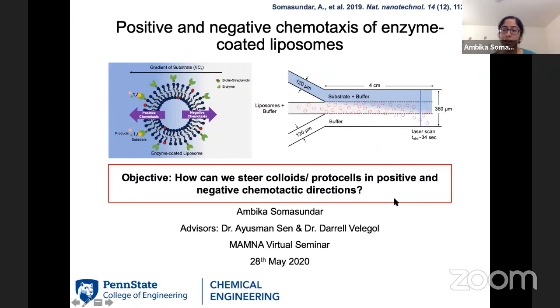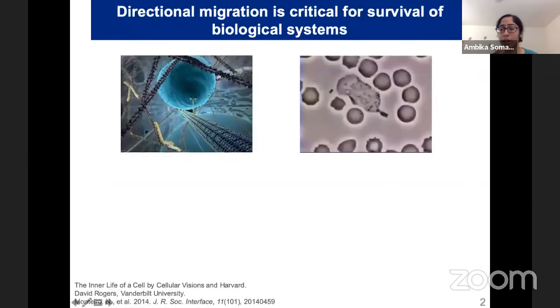But why do we care so much about directional migration? The ability to move towards or away from specific chemical signals is crucial for the survival of biological systems. Directional migration enables cells to move towards fuel, away from toxins, and coordinate collective behavior such as tissue formation and biofilm formation.